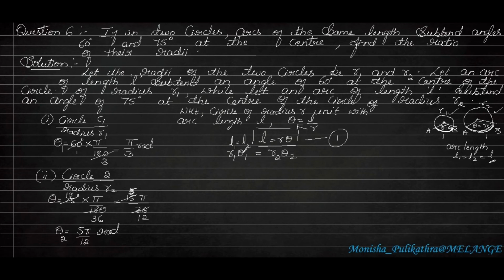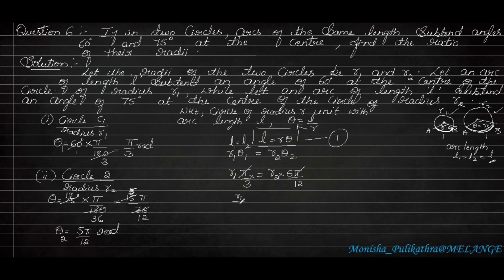The radius of the first one, we don't know, we have to find it out. But theta 1 we know, theta 1 is pi by 3. R2 also we don't know, but theta 2 is 5 pi by 12. So here pi gets cancelled.